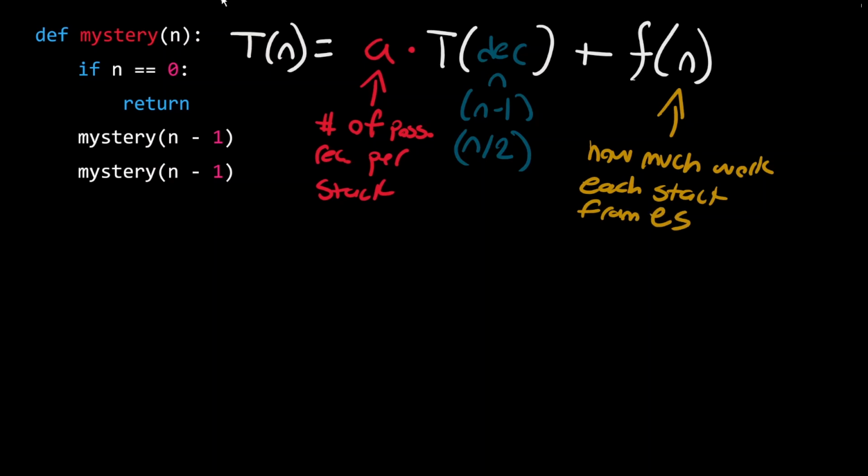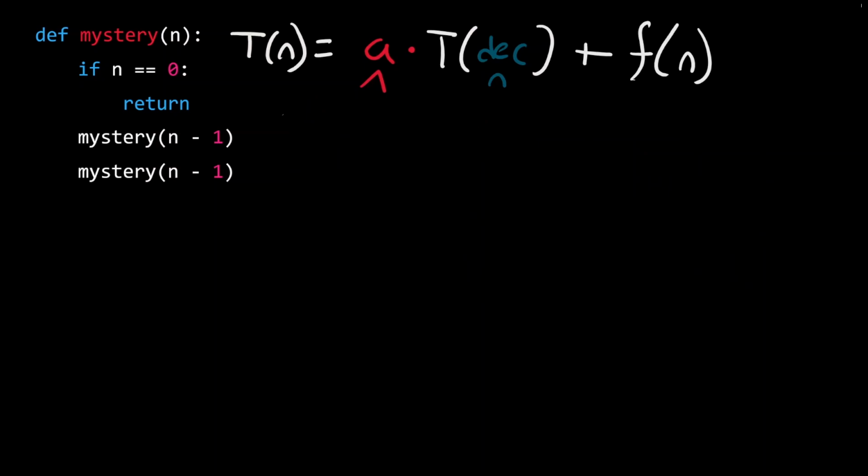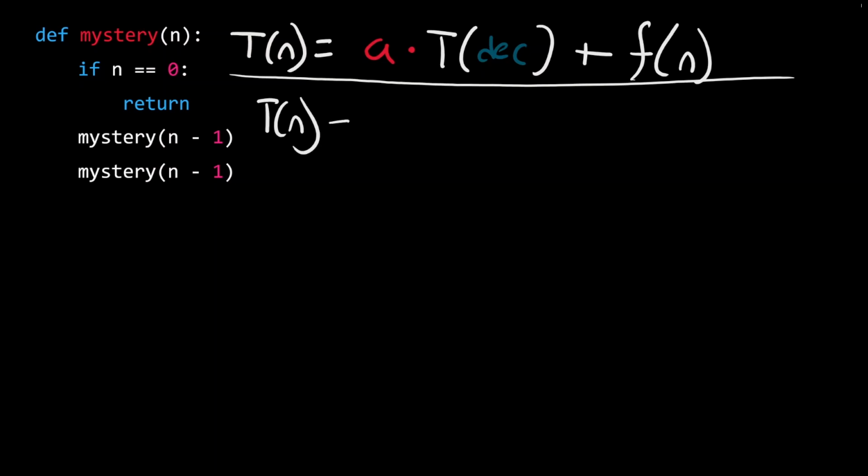Now, how can we evaluate this? Let's first model it. So we have T of n, and T of n is going to be 2 times T of n minus 1, because we have 2 recursive calls and the way we're decrementing is n minus 1, plus the amount of work we're doing.